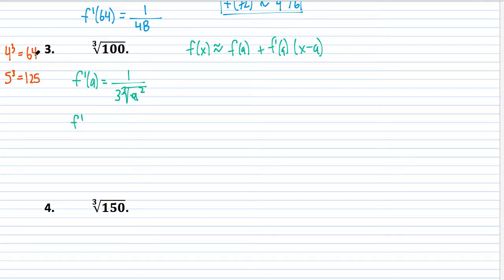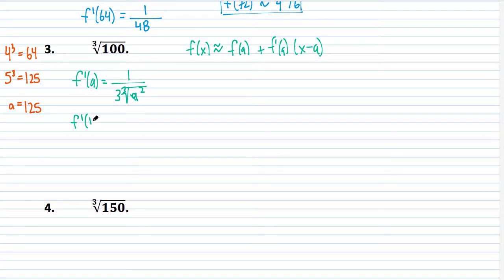Well, 64 is 36 away, and 125 is 25 away. So we're going to use a value of, sorry, not 5 for a. It should be 125, because a needs to be the actual cube. So a is equal to 125.